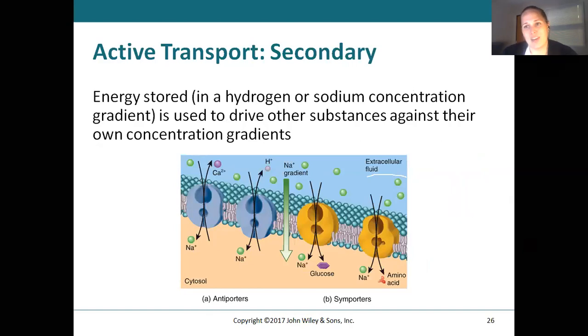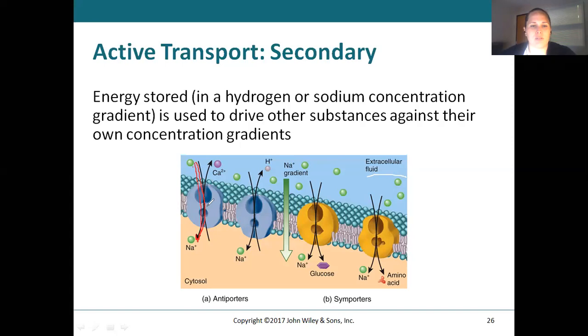Other ways in which active transport can take place is that you can use concentration gradients to move ions across. So it doesn't necessarily have to be energy in the form of ATP. You can use other concentration gradients. In the case of sodium, remember sodium has a high concentration outside the cell and a low concentration inside the cell, so the cell wants to bring sodium in.